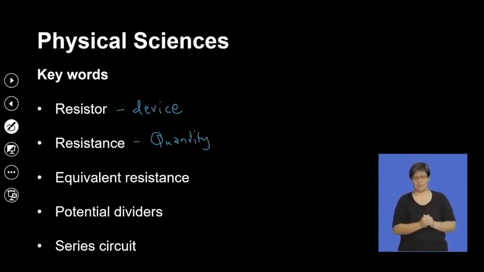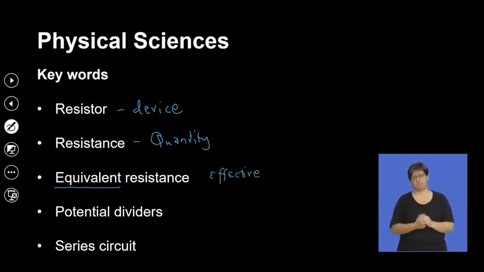So a resistor offers resistance, okay? So the two cannot be used interchangeably to refer to one and the same thing, okay? Yes, these are two related terms, but a resistor is an instrument or a device that offers resistance, which is the quantity. Now, if we talk about equivalent resistance, sometimes we'll talk about effective resistance in a circuit. Take note of that, okay?